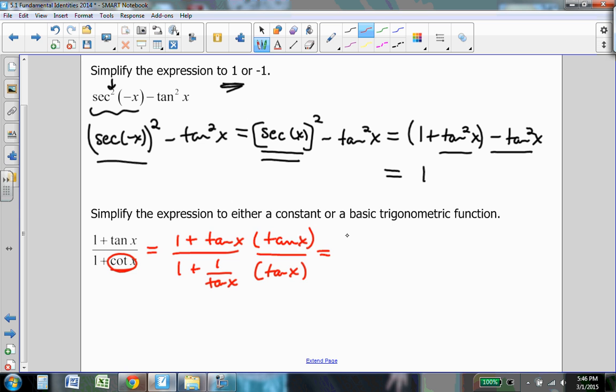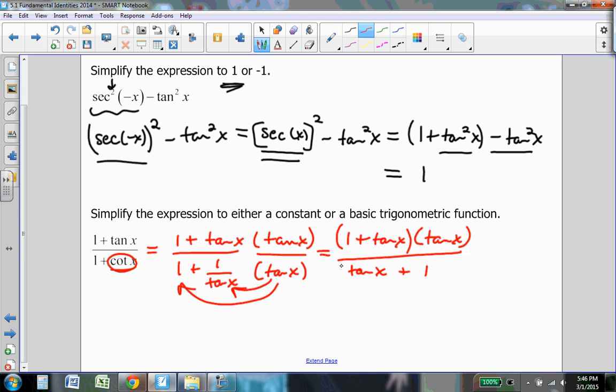And sometimes you don't know the benefit until you've done it. This is going to be 1 plus tangent of x times the tangent of x over, I'm going to distribute that to here and here. So this is the tangent of x plus 1.